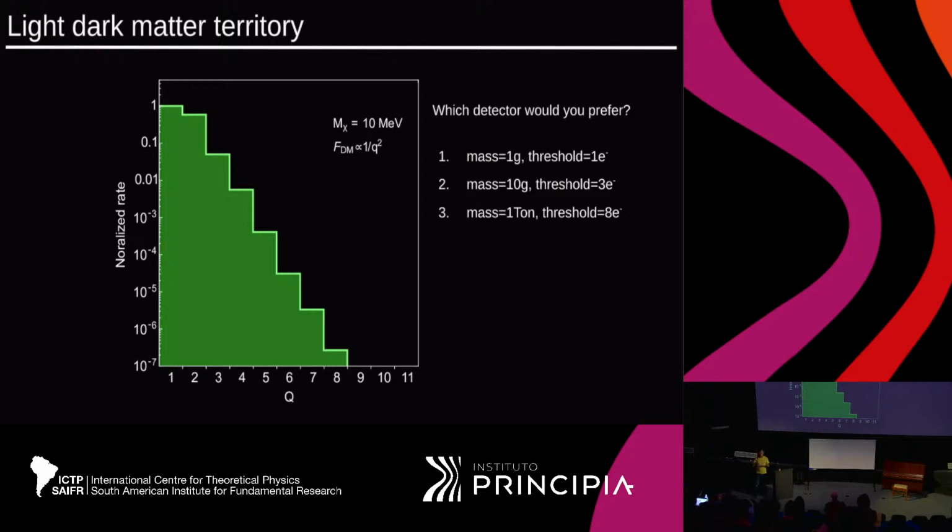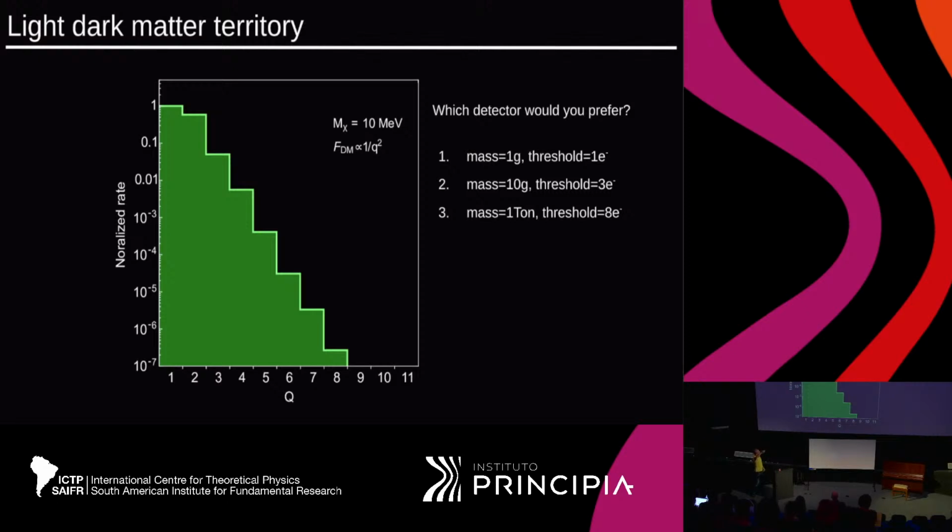So this is very light. Remember that in our last talk, we were talking about things on the order of GeV. This is MeV, so 100 times lighter. And this particle interacts with electrons, and it has a light mediator. That's what this means here. So we are assuming these two things for producing this plot.